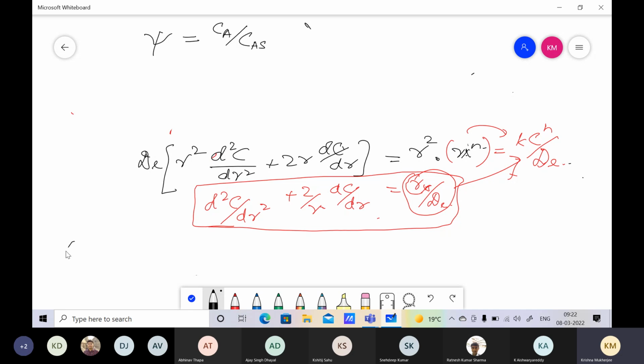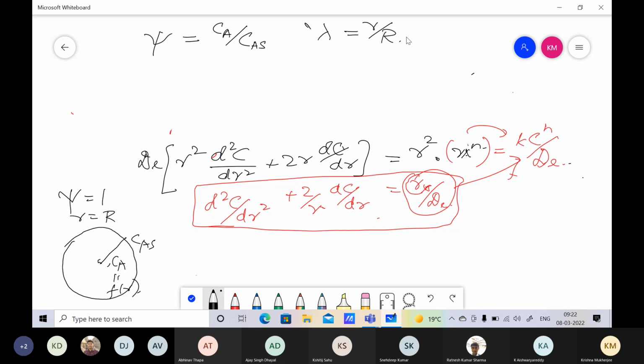Where Ca is the substrate concentration at the surface, and Ca is a function of R. So the dimensionless quantity where psi goes from 1 at R is equal to R to some value less than 1 when R is equal to 0, whatever. Okay, and then R upon R is also taken as lambda.